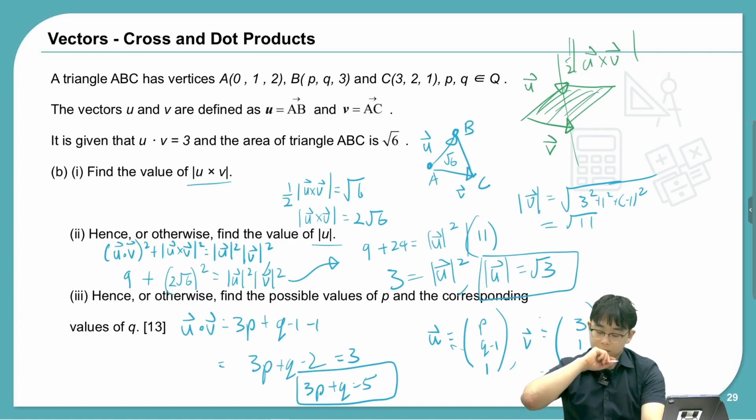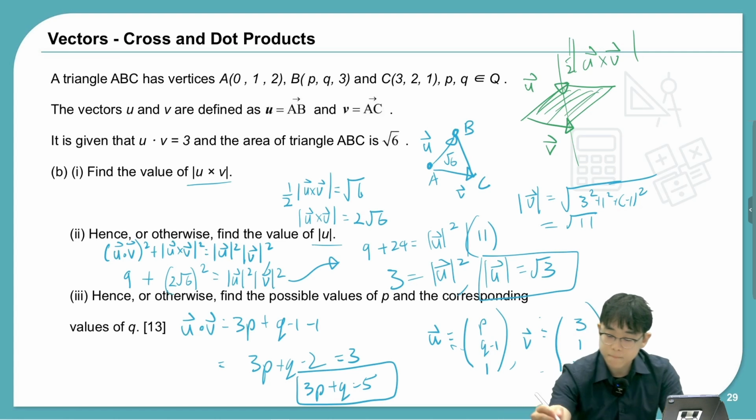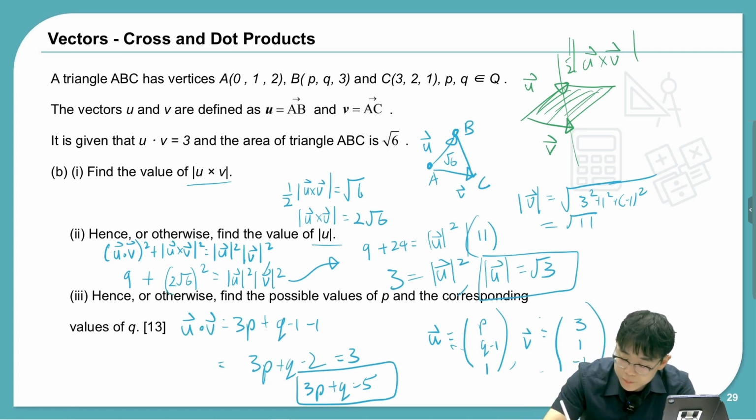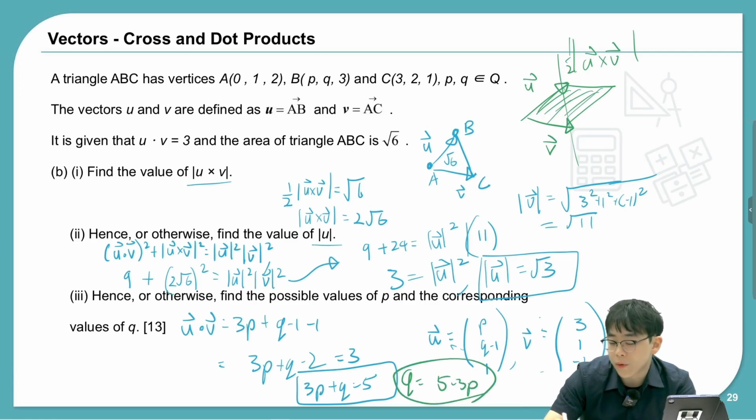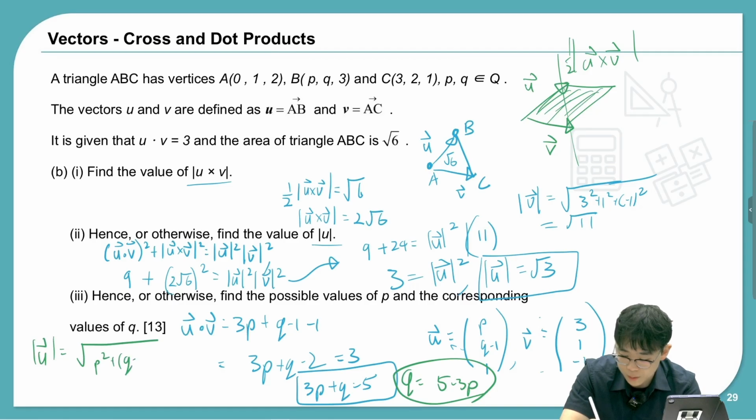And then the next part we could try is, that allows us to replace q with 5 minus 3p, right? Now we're going to use the fact that the modulus of u is root 3. So that's going to be the square root of p squared plus q minus 1 squared plus 1 squared, which equals root 3.